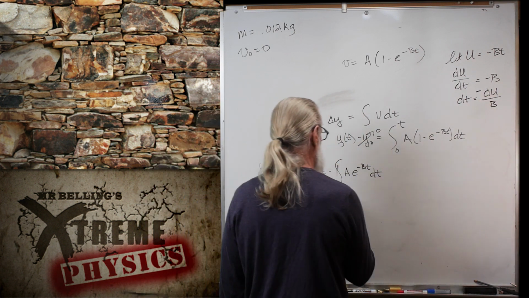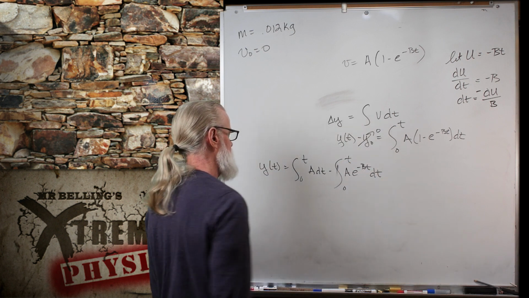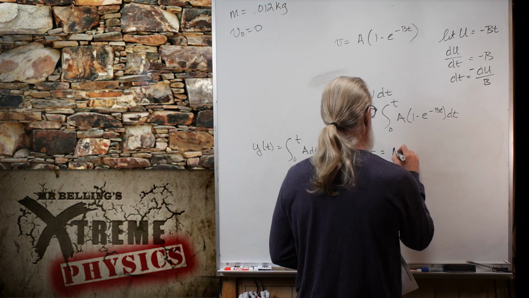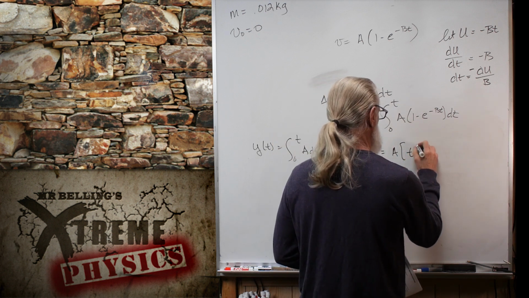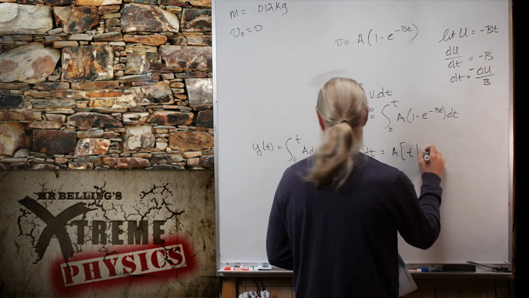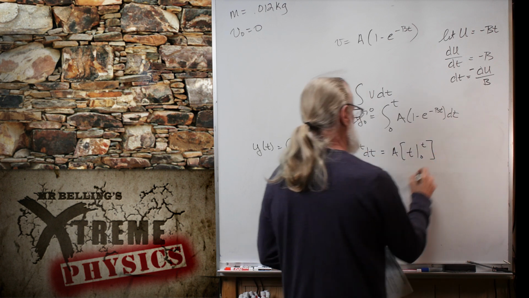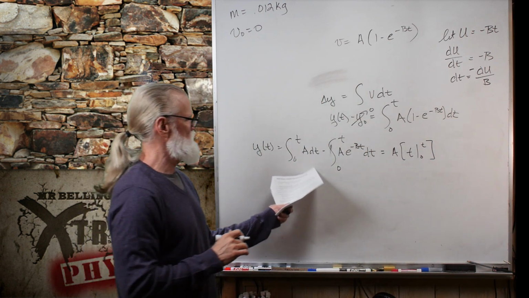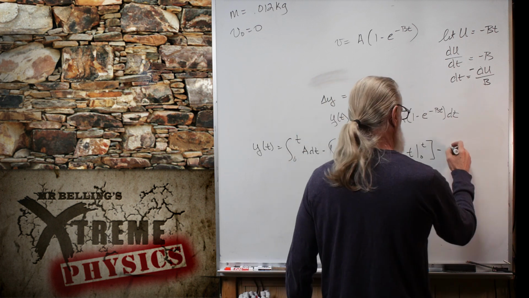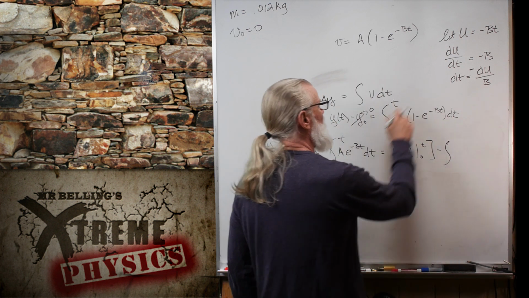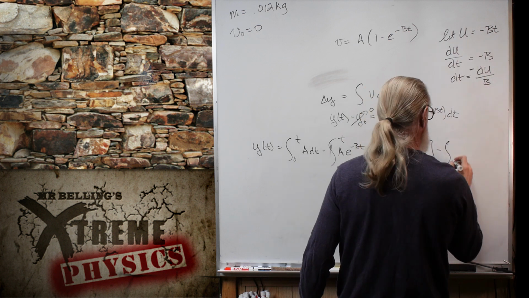All right, let's try that again. The integral is from 0 to t. So this is A. I'll take the A out, and the integral of dt is just t. So that's what that one's going to be. Minus, let's do our u substitution. When t is 0, u is 0.